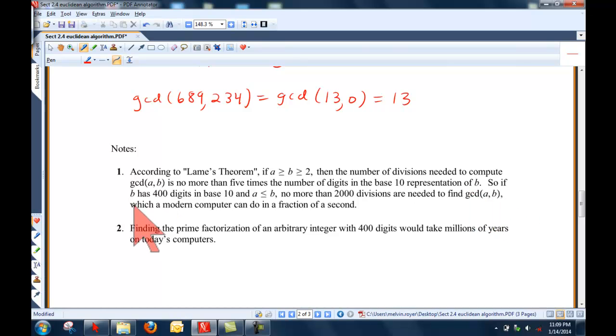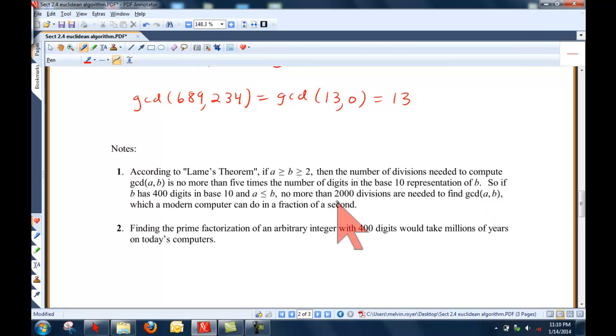So for example, if B has 400 digits in base 10, that's a huge integer, and A is smaller than that, then no more than 2,000 divisions are needed to find the GCD of this 400 digit number and the other one.